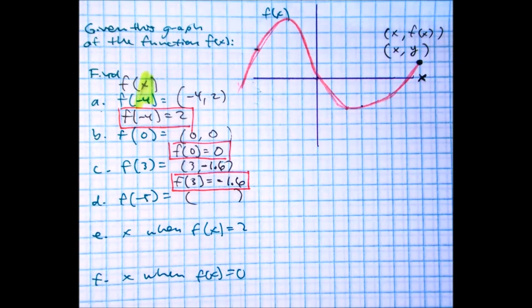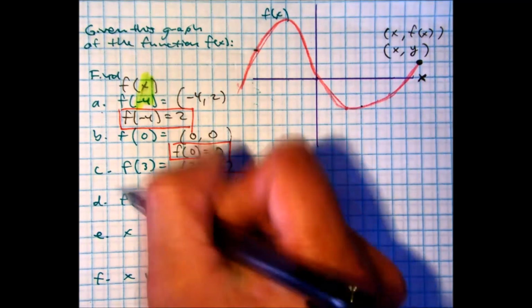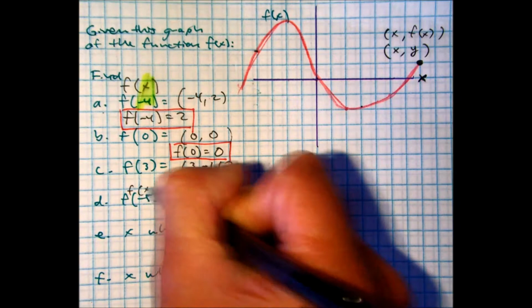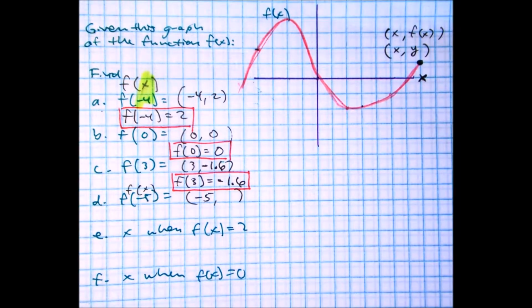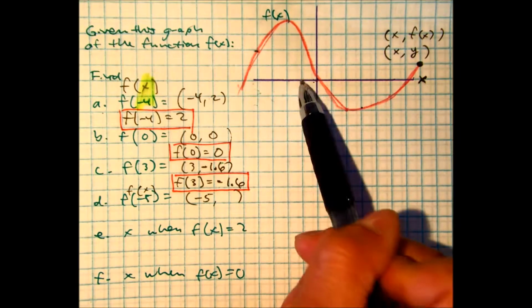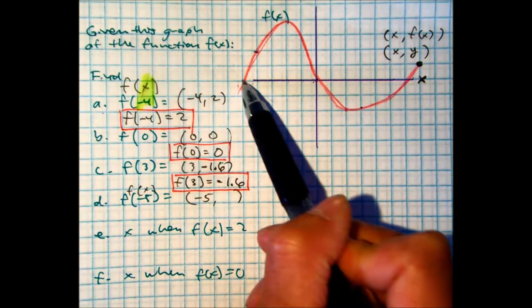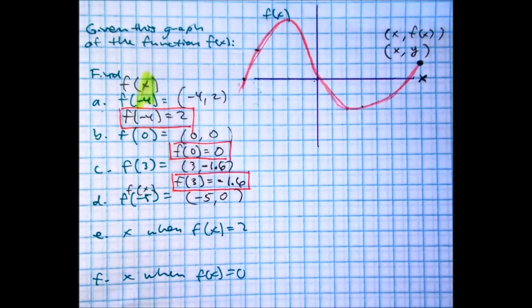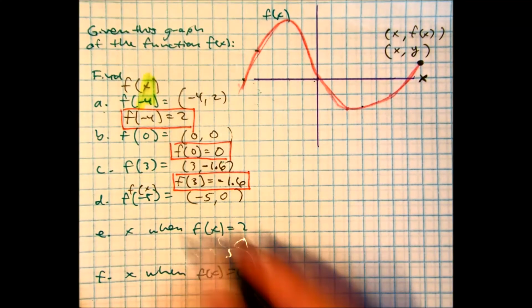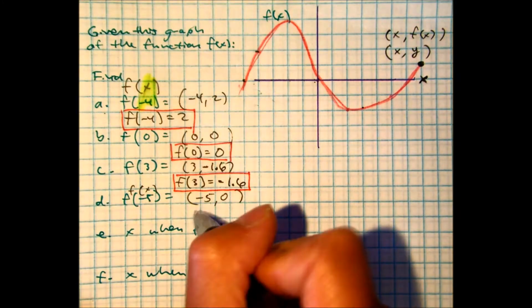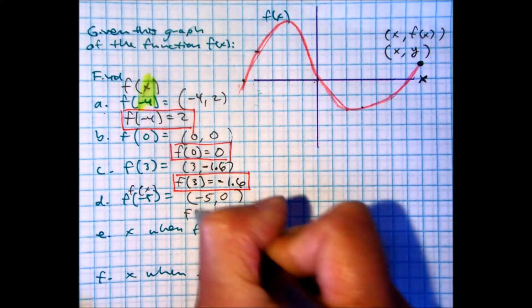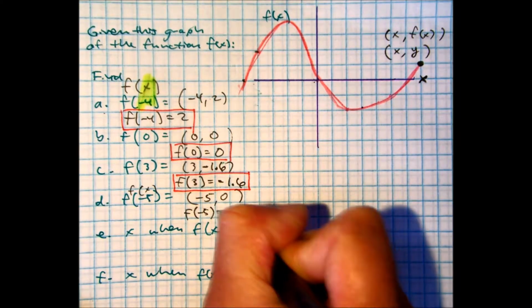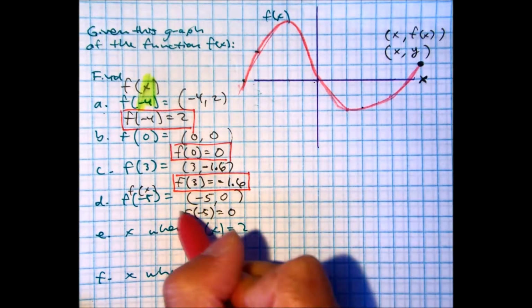Negative 5. Janet, what is your y value at negative 5? 1, 2, 3, 4, 5. 0. Sophie, how do I write that in function notation?